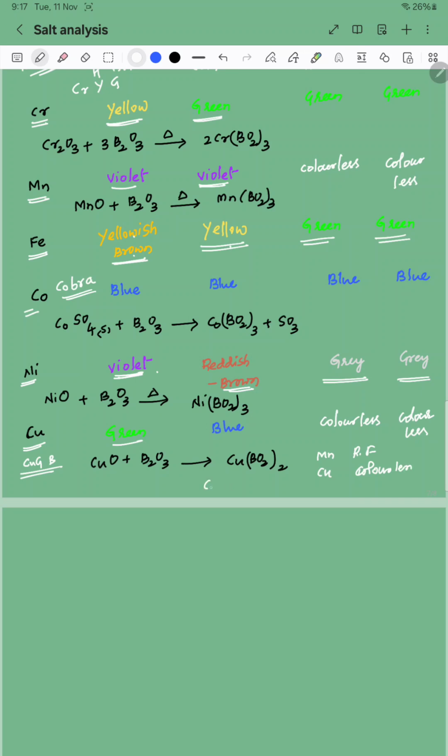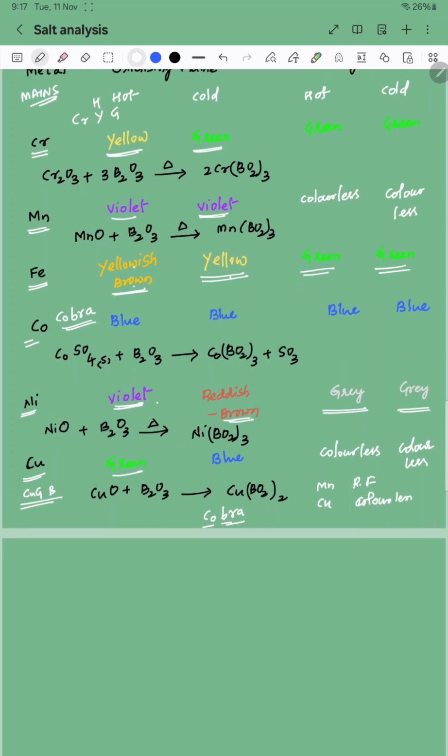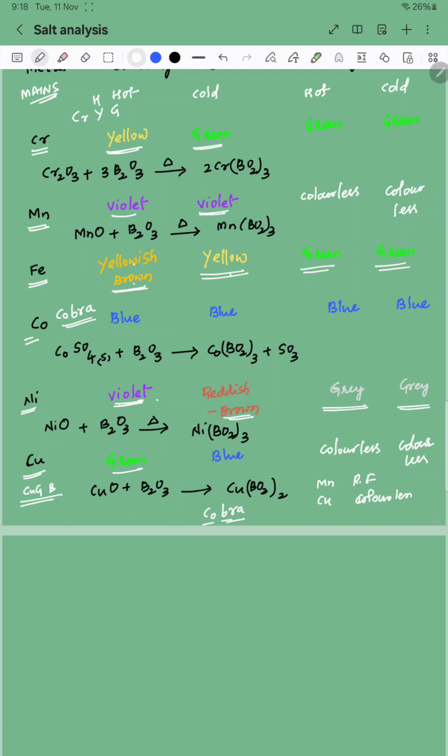So remember, student, cobra: cobalt will be blue. And chromium, remember as CrHYG. If you remember at least a few things, then it is easy to answer the question in the examination. I hope so, student.